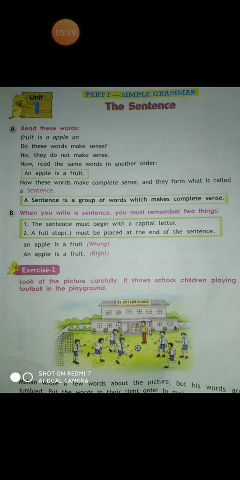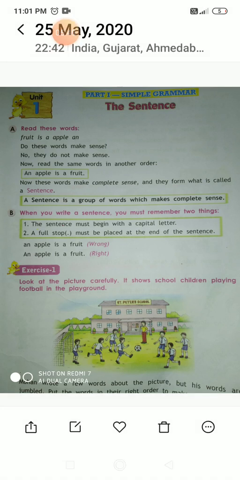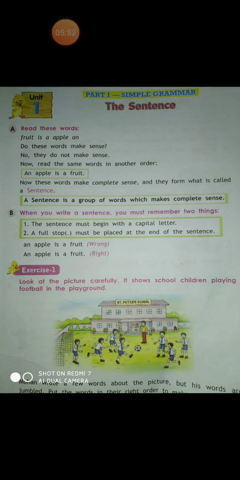A full stop must be placed at the end of the sentence. So whenever you complete your sentence, whenever the sentence is finished, you have to put a full stop at the end of the sentence. These two things are very important and compulsory to make a sentence.